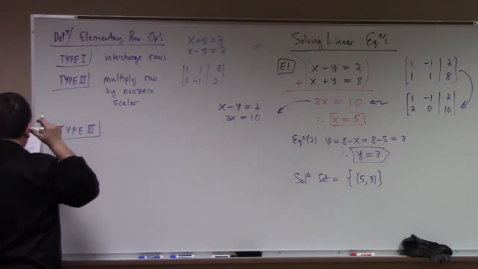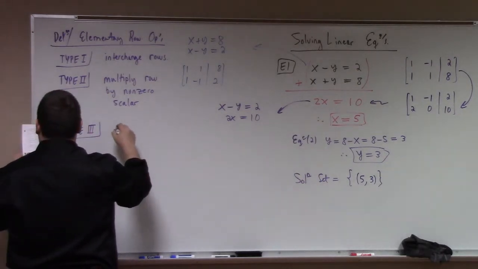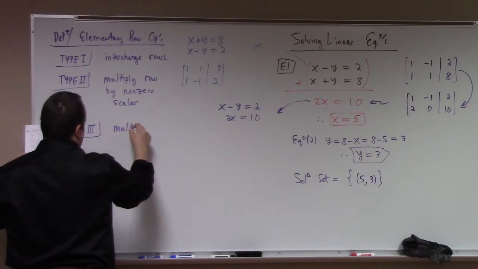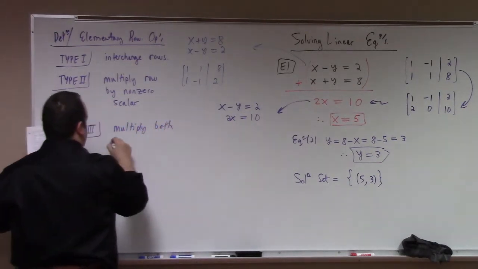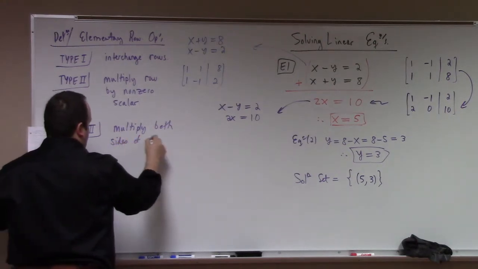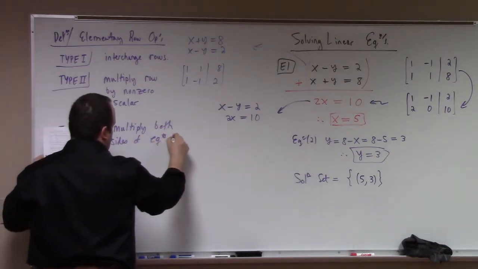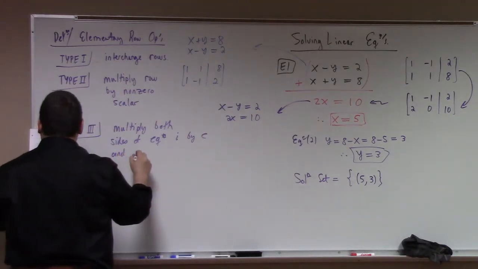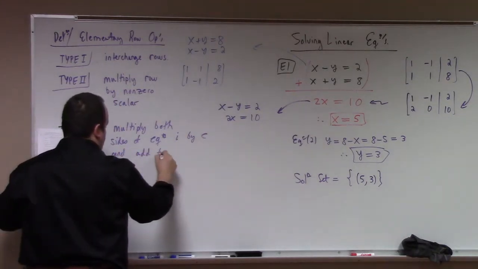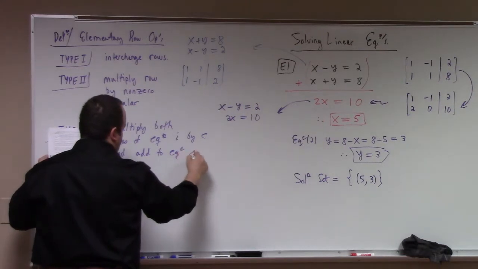And then type 3 is to multiply both sides of equation I by C and add to equation J.